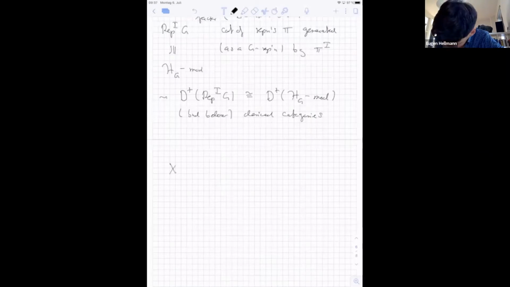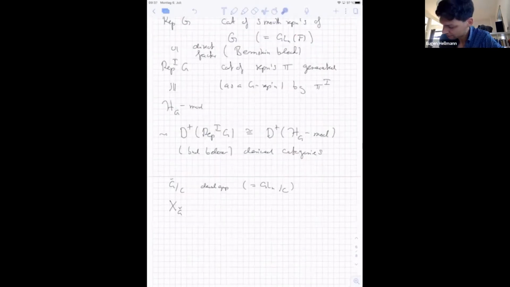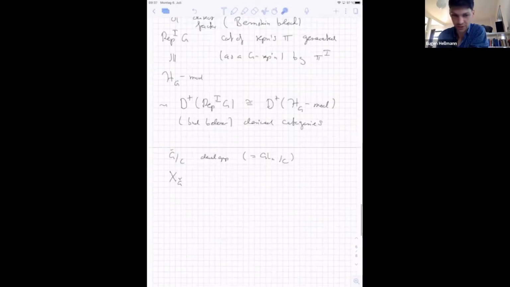So let X_Ğ. So I had G-check over C, this dual group, which, if I consider here the case of GLN, is just the algebraic group GLN over the field C.